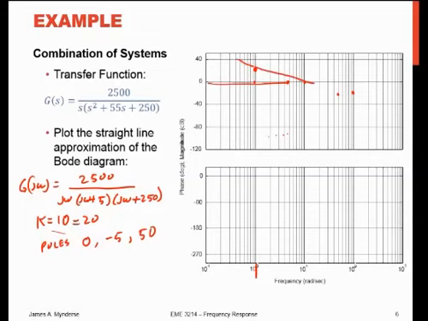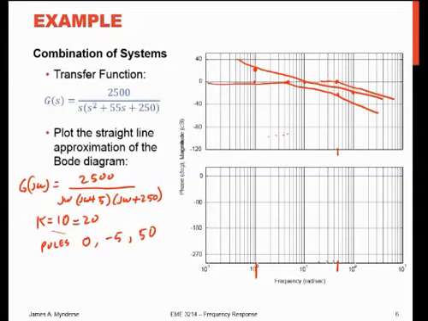I'm trying to draw those because they're actually parallel here. And then I have the third pole at 50, which is right there. And that one rolls off, again, parallel to those other ones. And it was at 0 here.